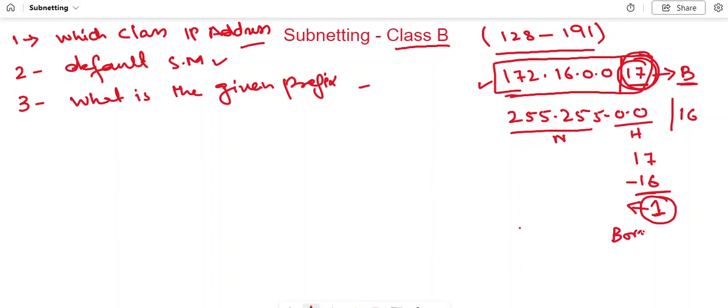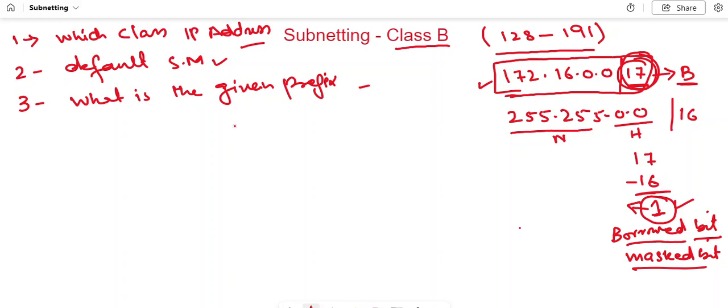These are the borrowed bits, or if it is 1, the borrowed bit. This is also called masked bits. So the 1 bit is the masked bit. In this case, from /17 we got this value.